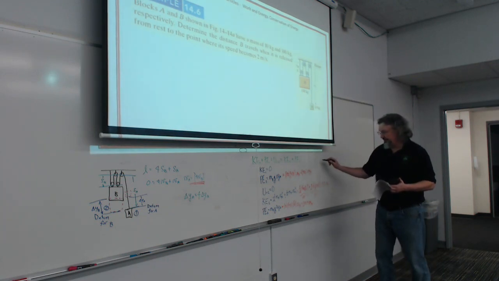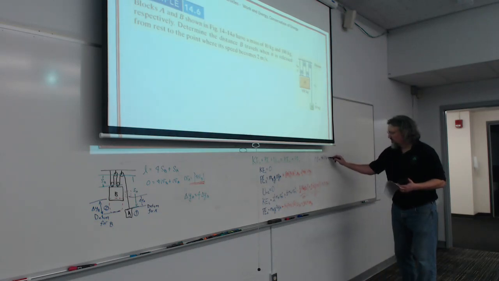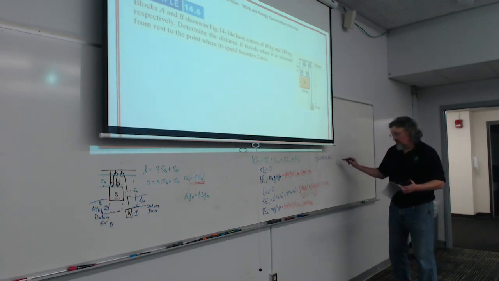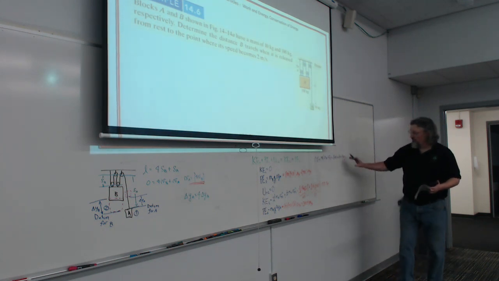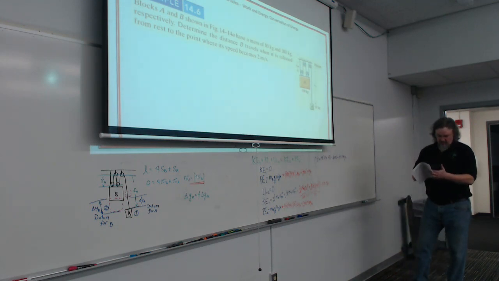And what do we get? See, kinetic energy is 0 plus the potential energy 981 delta YB plus the work is 0. I don't know, we might be off of camera now. We have 520, and then we have plus 392.4 delta YB. So we're going to bring him over to the side so we can subtract out 981.